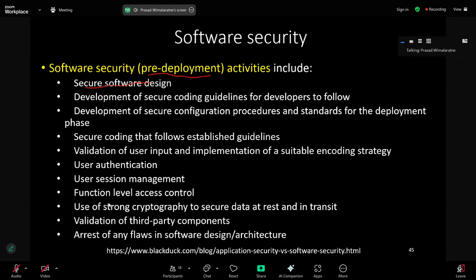So you build a secure architecture, so what you build or code or convert into software will be more secure. And development of secure coding guidelines. For developers or software engineers, like I showed you from a local example, there are guidelines that developers will follow in terms of secure coding.